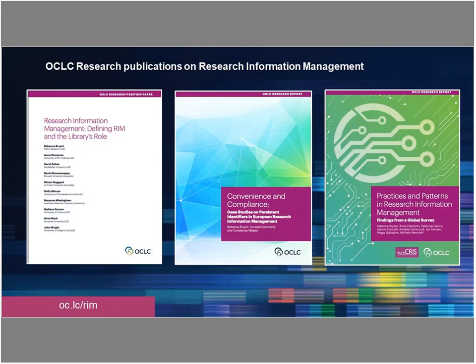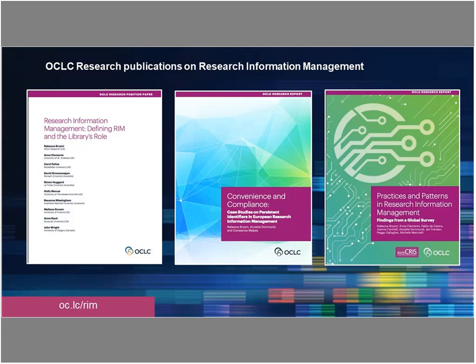The first of these research reports offers a definition of research information management and defines the different use cases that RIM practice may embrace. The second report is a deeper dive into European practice, describing RIM practices and the use of persistent identifiers in Finland, the Netherlands, and Germany. That's the Convenience and Compliance report.